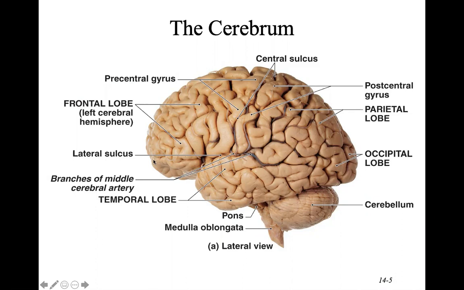Now the frontal lobe goes from the front all the way right to the central sulcus. So here is the central sulcus. The central sulcus anterior to it is all frontal lobe, and posterior to it is parietal lobe. Okay, so this is parietal lobe here, and way, way in the back, that's the occipital lobe.